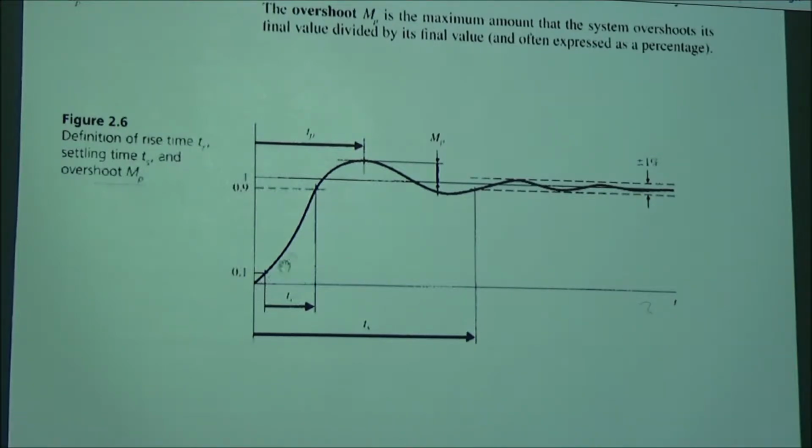You prefer to go fast and stay close to the steady state value. And as I said before, you have a value called settling time. Settling time is the first time that the signal reaches plus or minus, let's say, 5% or 3% of the steady state value. That is called settling time.